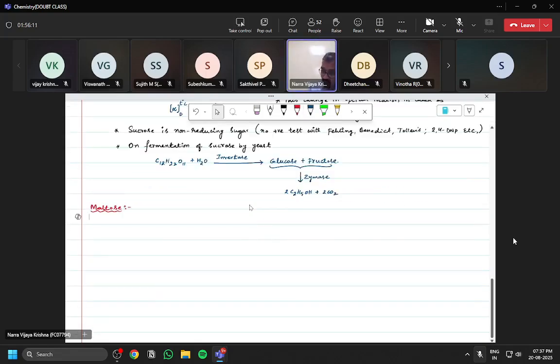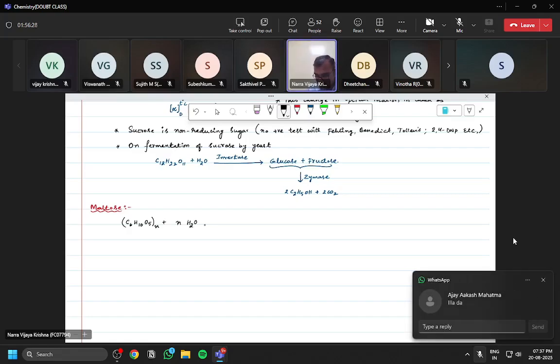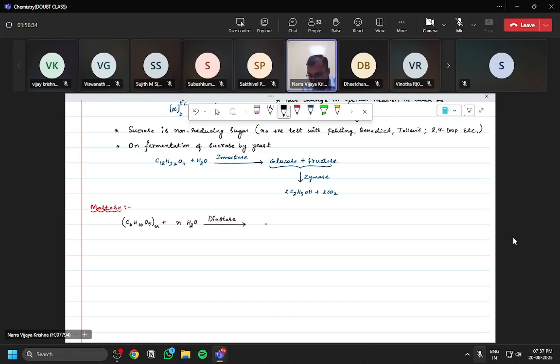Now, starch. Starch is a polymer, so I am writing (C6H10O5) n times. On hydrolysis, right, using an enzyme diastase, you will get maltose.